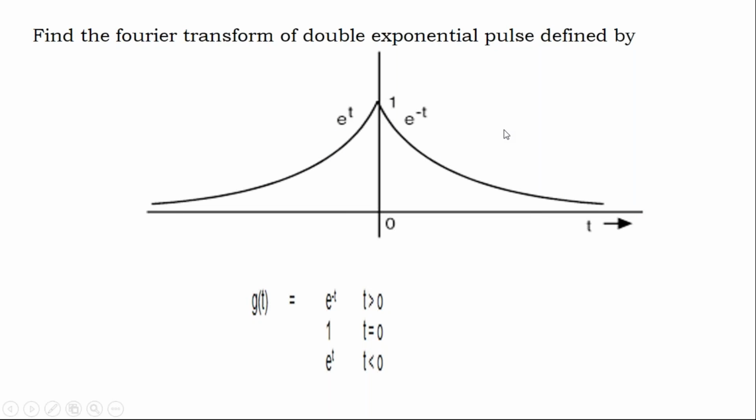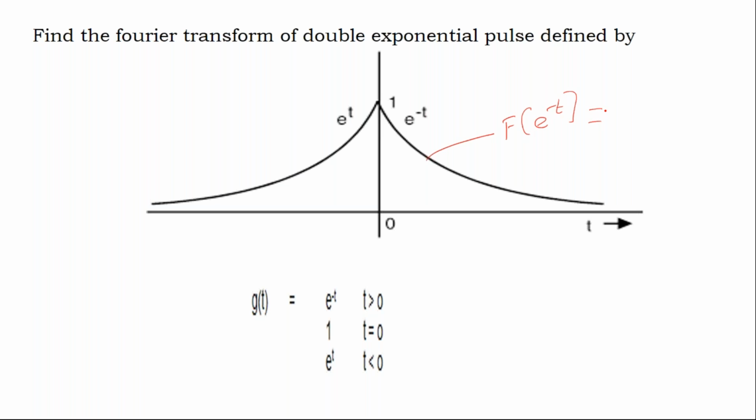Now observe this. Now what is this? It is nothing but a double-sided exponential, which we discussed in case 3. Now tell me what is the Fourier transform. Please tell me what is the Fourier transform of e power minus mod t, where a is 1.